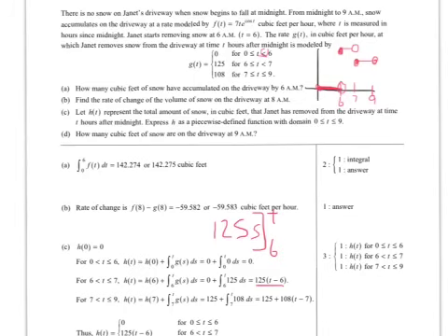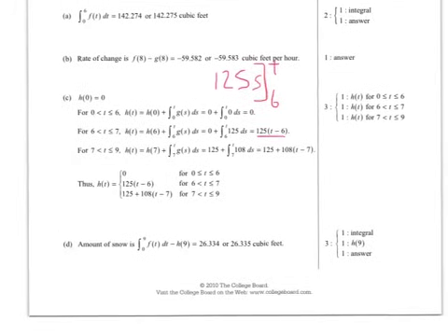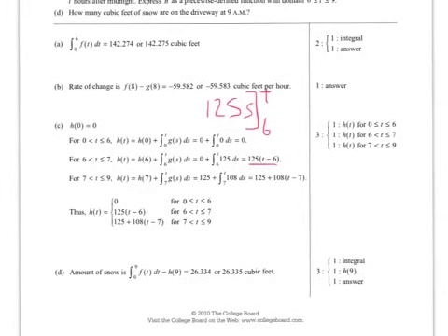So watch carefully. If I look at the answer here, do you see how to find the amount of snow at time 9, don't you have to integrate the rate function of f? Isn't f a rate function? So don't you have to integrate the rate from 0 to 9 to find the amount of fallen snow from 0 to 9?